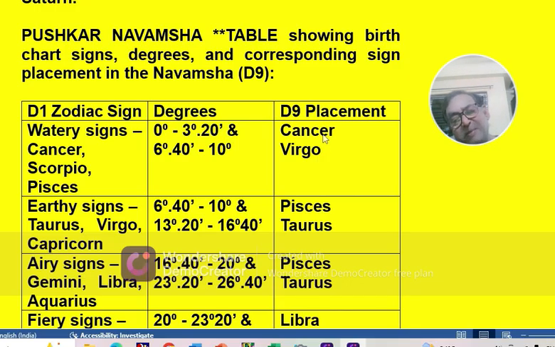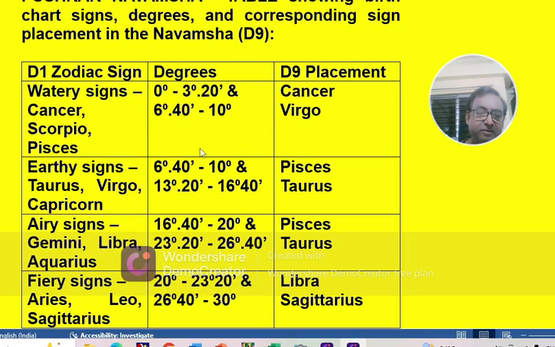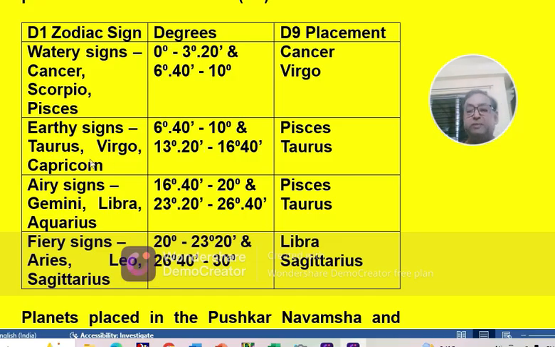Cancer sign is ruled by the natural benefic Moon and Virgo sign is ruled by the natural benefic Mercury. Next, earthy signs, Prithvi Tattva. First we discussed Jal Tattva. Now we shall discuss Prithvi Tattva, earthy signs. Earthy signs are Taurus, Virgo and Capricorn.